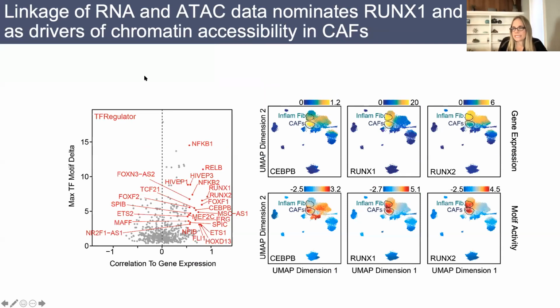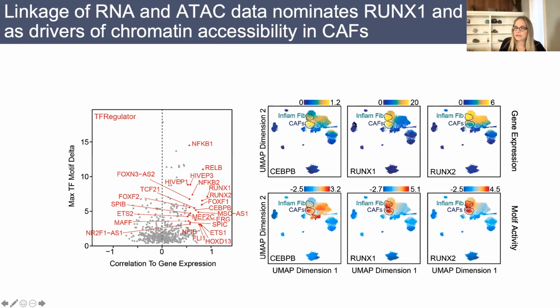So this enables us to start to systematically define transcription factors that may be driving gene expression in these stromal cell populations. We can look using chromVAR and plot the deviation Z-score, which essentially depicts the transcription factor motif activity.